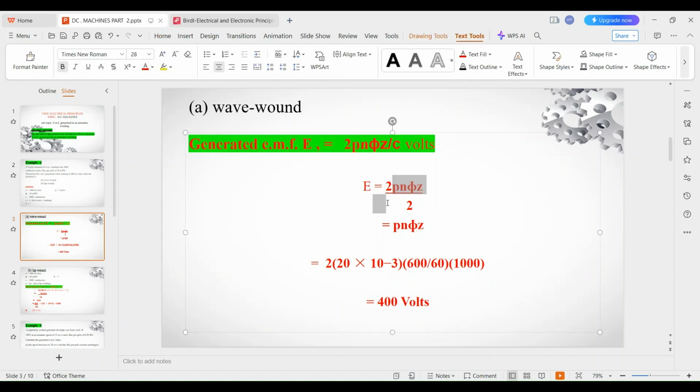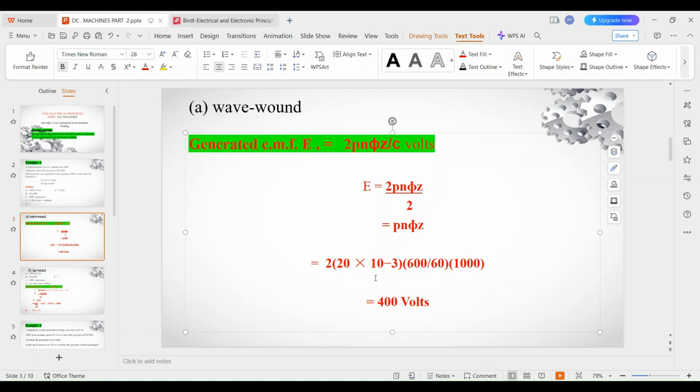We shall remain with the number of pairs, which is P equal to 2, multiplied by the speed times flux times conductors. Therefore, our formula will be P N phi Z.